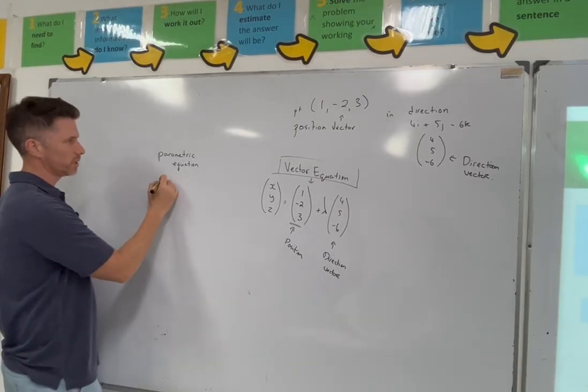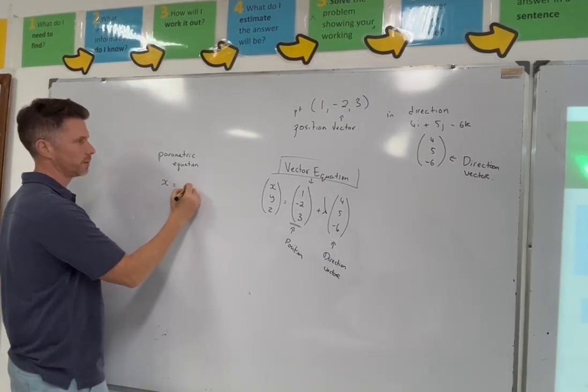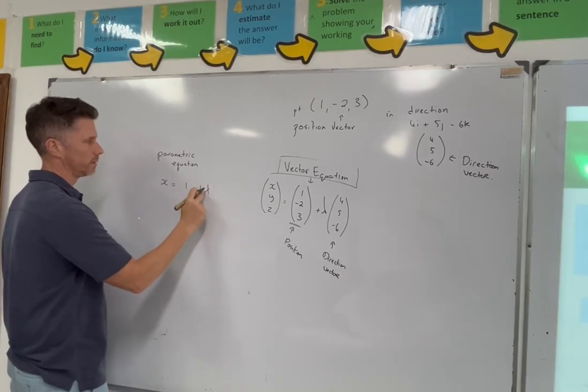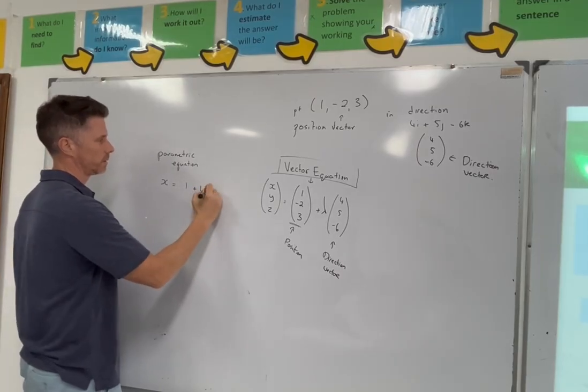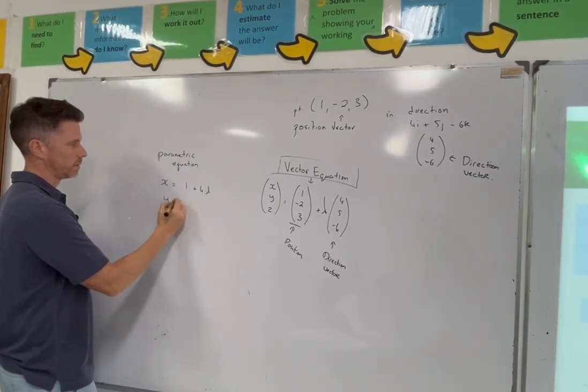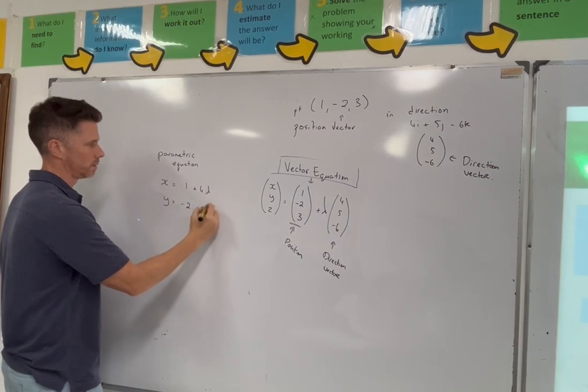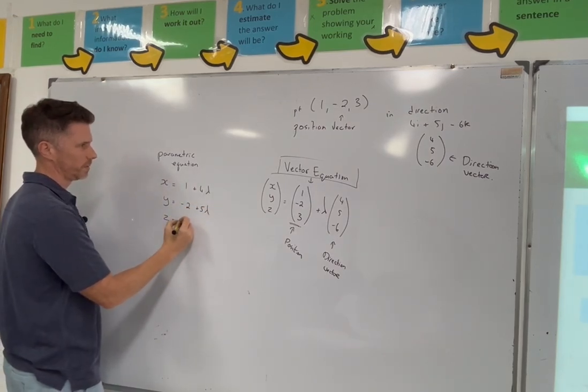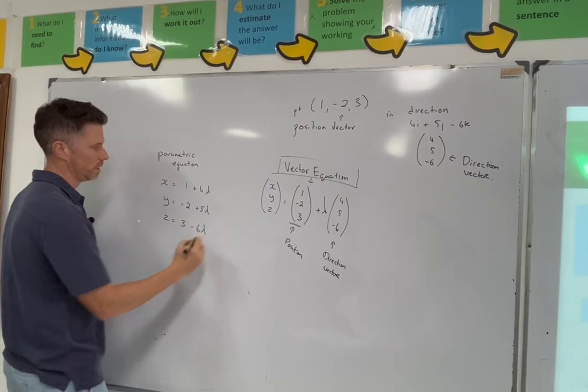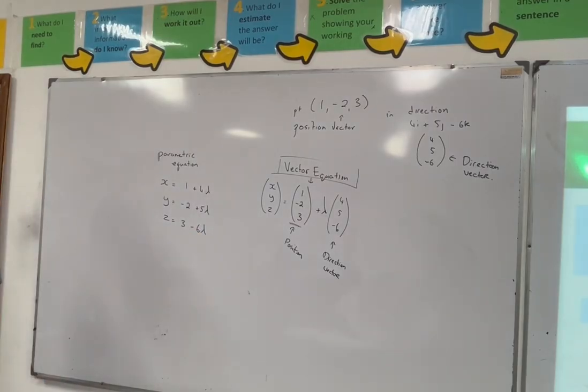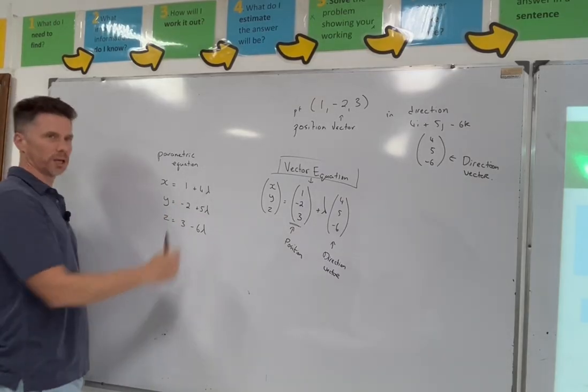So for the parametric form, maybe you'll see how I form this. We see where we're getting this from? It's just breaking down each direction into how it's found using lambda. So any x value would be 1 plus 4 times lambda.